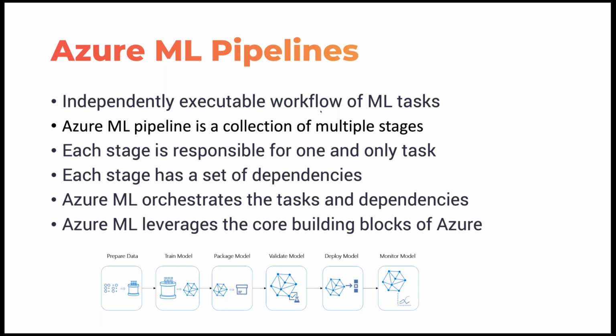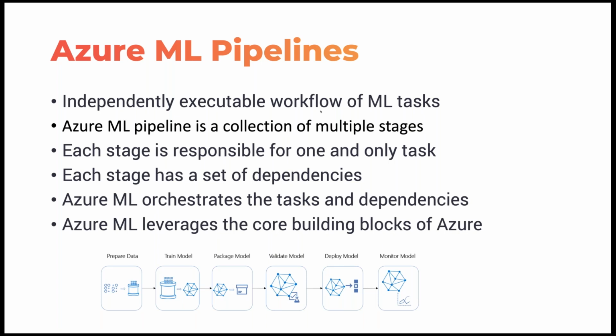So when prepare data stage kicks in, it automatically spins up an Azure Databricks environment, brings a Spark cluster, and runs the entire data prep job on that. And once the data prep job is done, it basically dumps the cleansed prepared data set to an Azure blob and then moves on to the training phase, which will pick up where the previous stage has left off, and it will start processing.